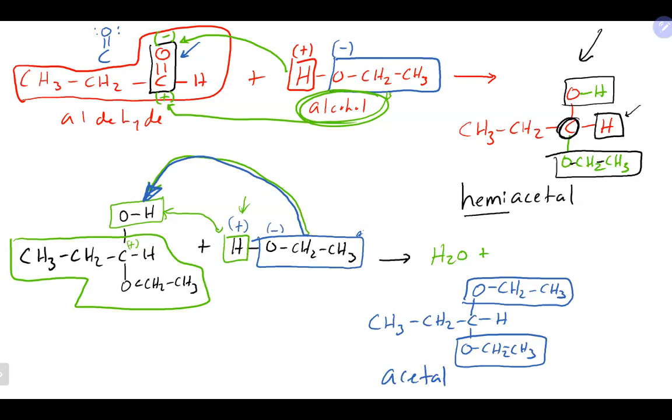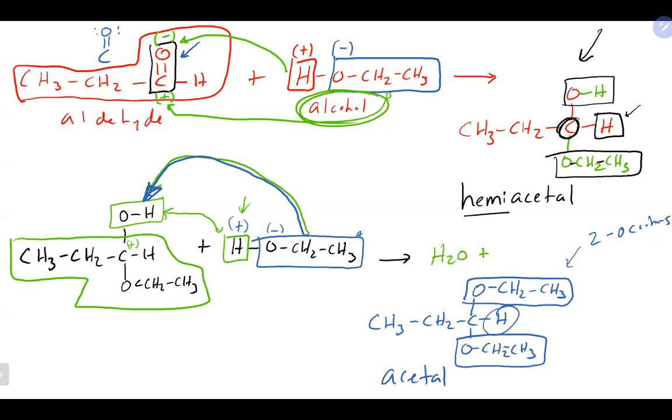So no hemi because the OH group is gone now. So this is an acetal, which is what you get when you add two alcohols to an aldehyde. The major parts of it are two of these oxygen carbon groups, which both come from an alcohol, and the hydrogen is still there.